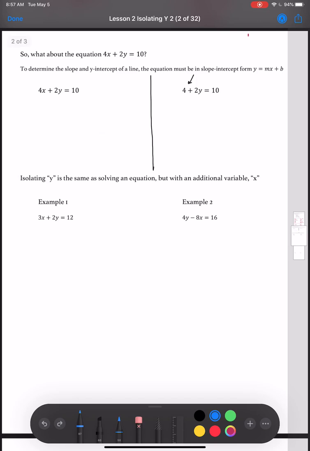So if you have 4 plus 2y equals 10 and you're solving for y, you know that you're going to subtract the 4 from both sides, and you would have 4 minus 4 is 0. Bring the 2y down, and I'm going to leave this as 10 minus 4 right now because that's really what we have.